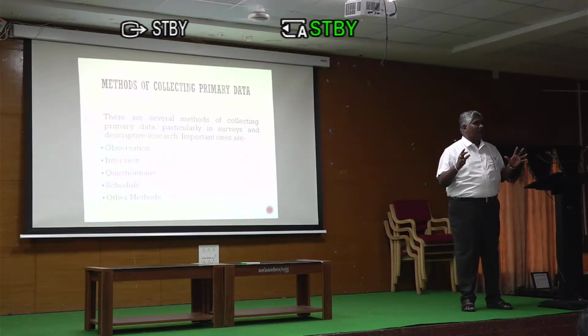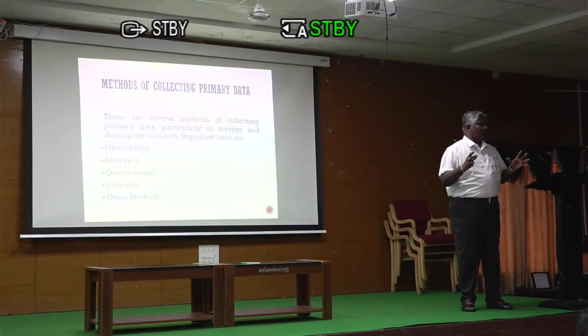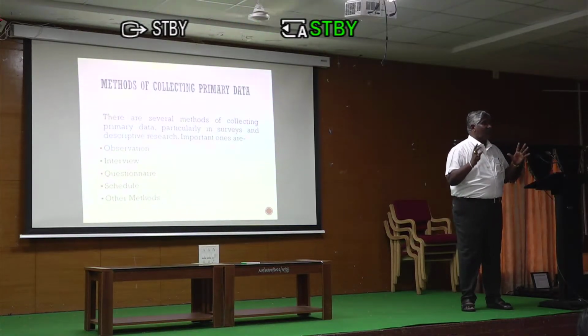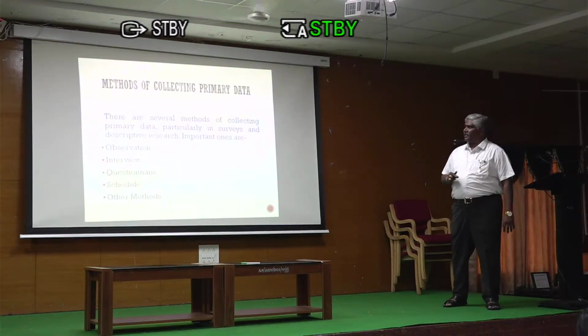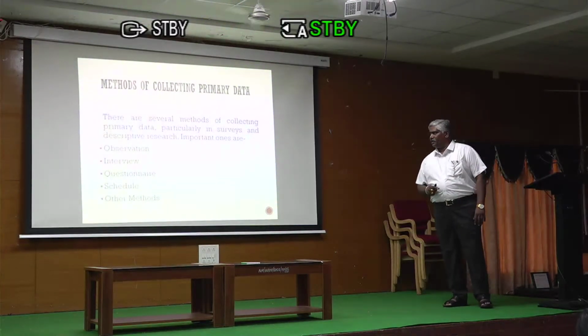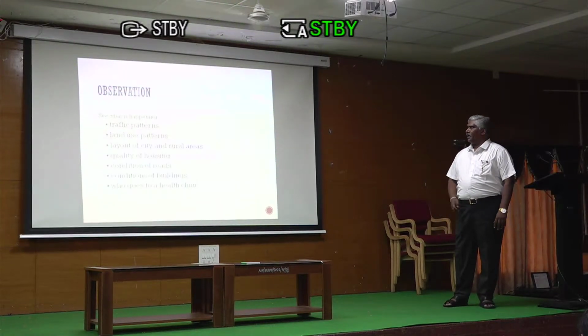Then only we can call it a standard equipment. Then only we can call it a standard questionnaire. For that reason, the methods of collecting the primary data are observation, interview, questionnaire, schedule, and other methods.